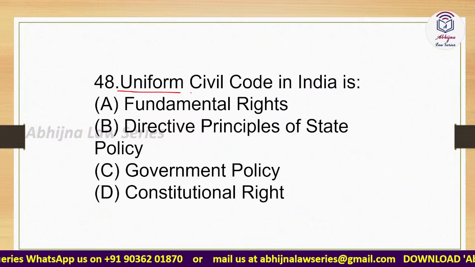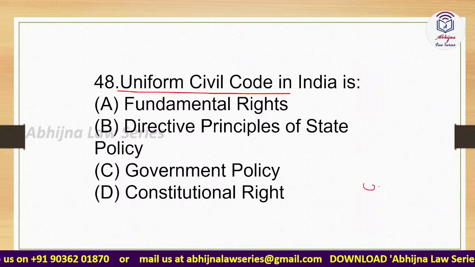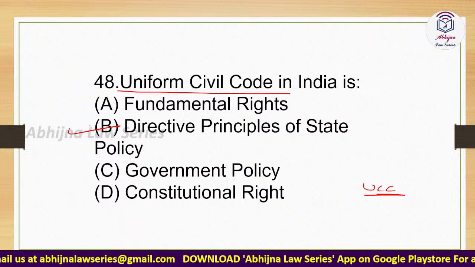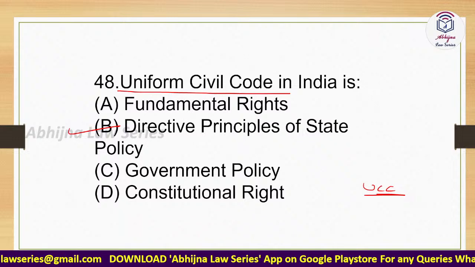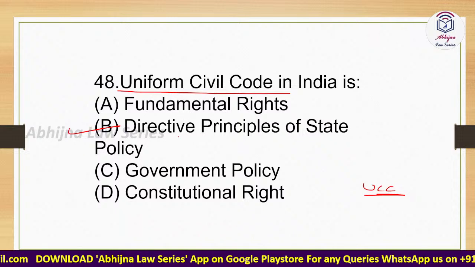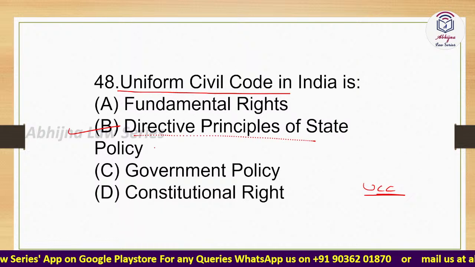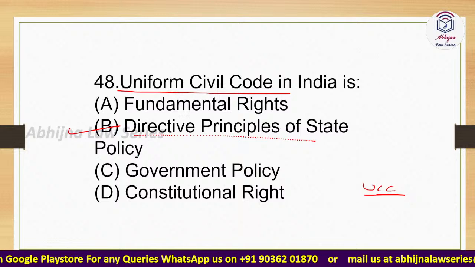What is the Uniform Civil Code? Uniform Civil Code in India, UCC. It is a directive principle of state policy where the government can prescribe certain rules, it's a welfare state, right? It can make rules for the welfare of its citizens.